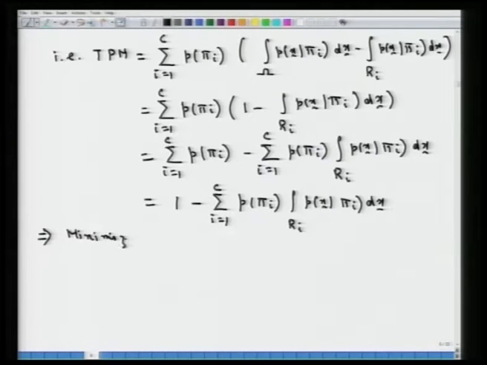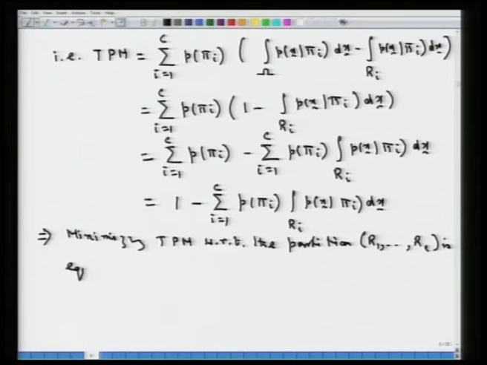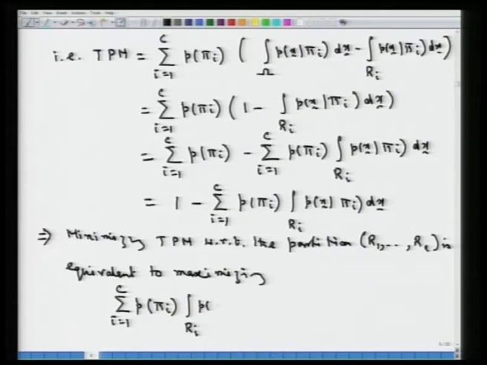So, minimizing the total probability of misclassification with respect to the partition R1, R2, up to Rc is equivalent to maximizing the quantity, which is summation i equal to 1 up to c of p of pi i into the integral over Ri of p of x given pi i dx, with respect to the partition R1, R2, up to Rc.